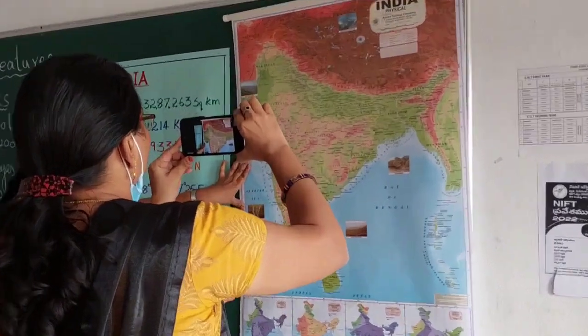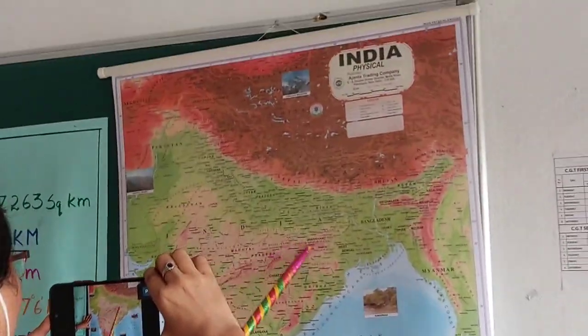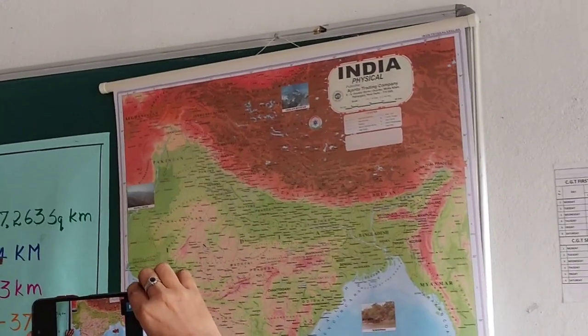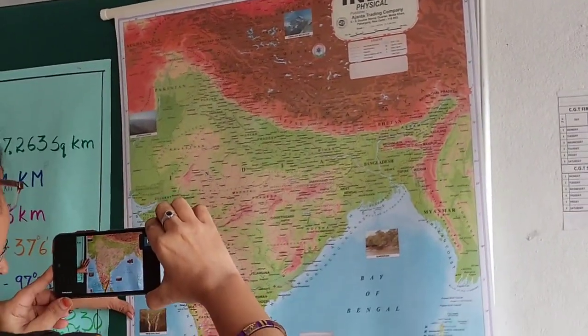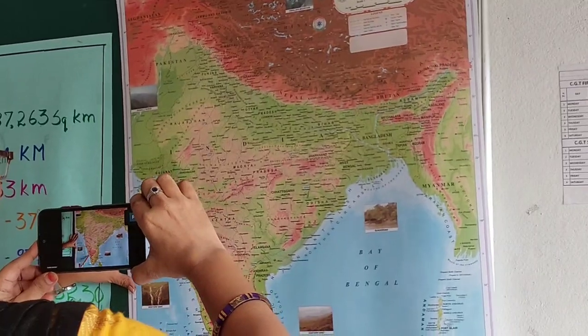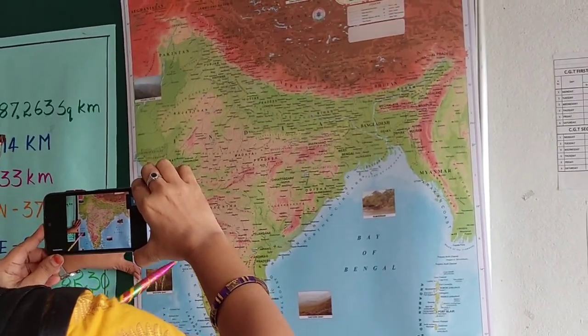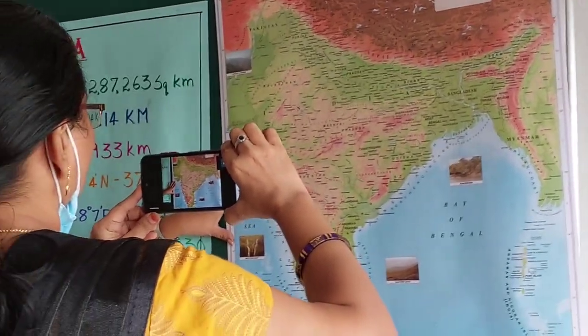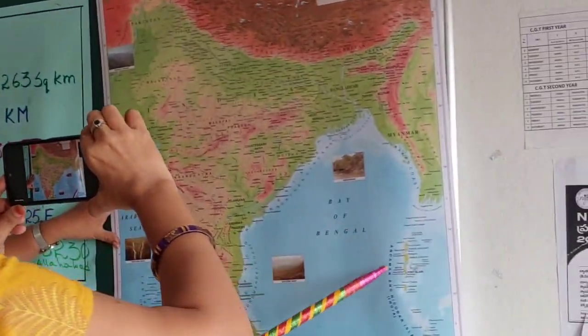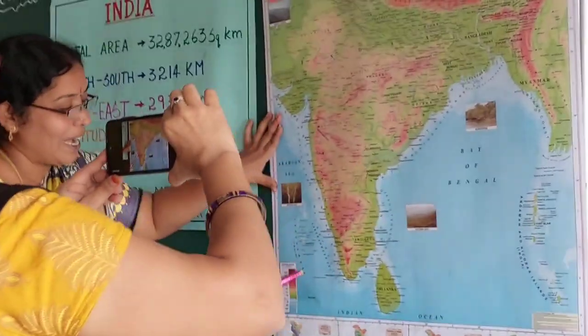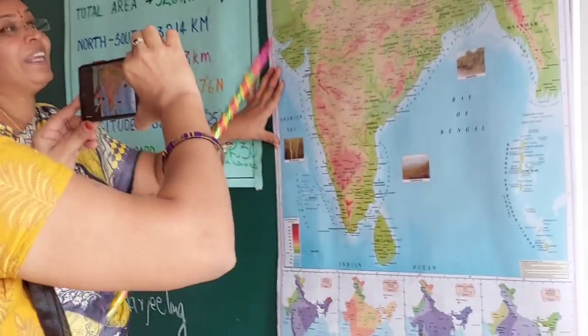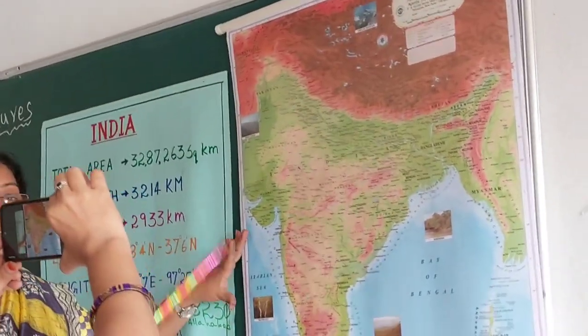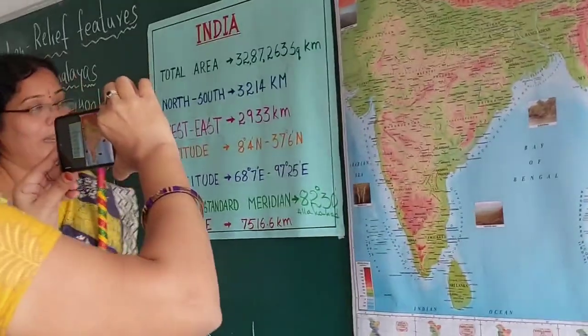Down to that, you find this triangular-shaped Peninsular Plateau. This green belt and this green belt together you call the coastal plains. And last, we have the Andaman Nicobar and Lakshadweep Islands. These are the physical features we are going to learn today.